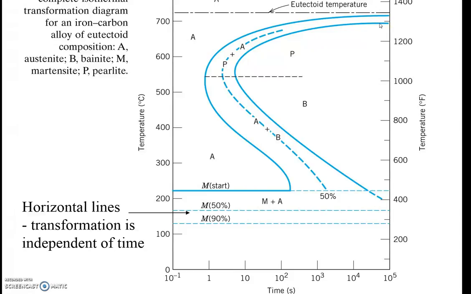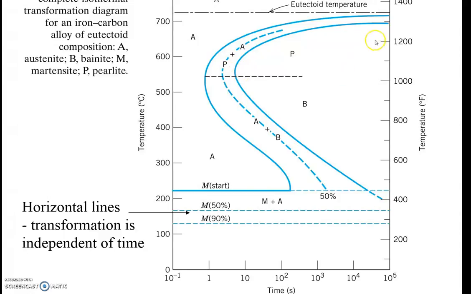Here it takes a very short time, so the transformation rate is faster. So you see that as temperature decreases, the transformation rate actually increases, which is sort of counterintuitive.